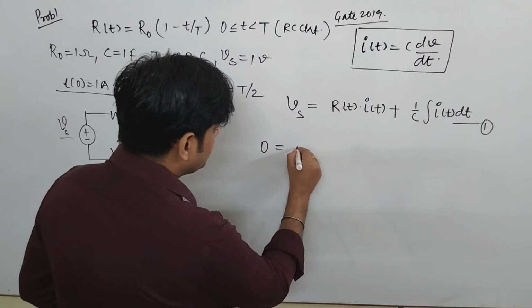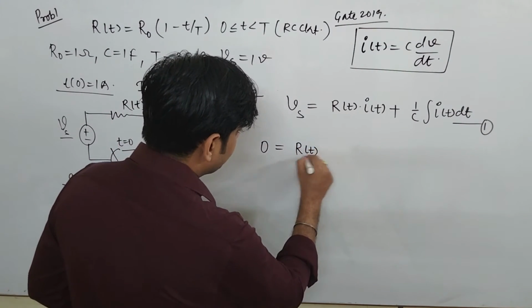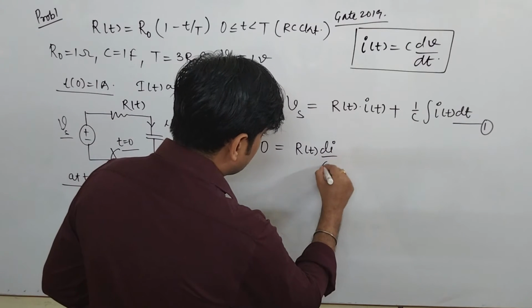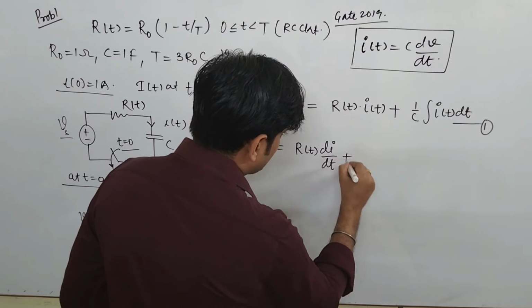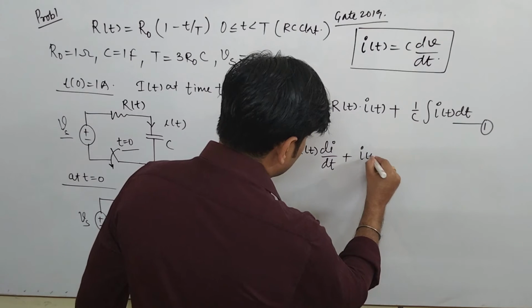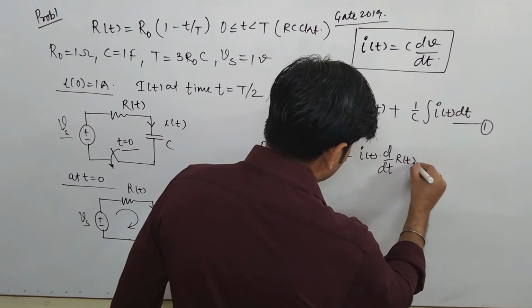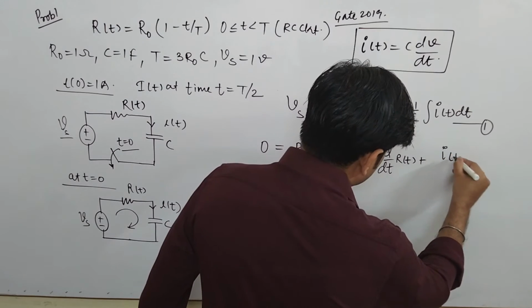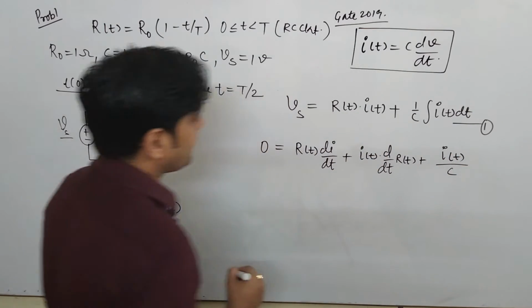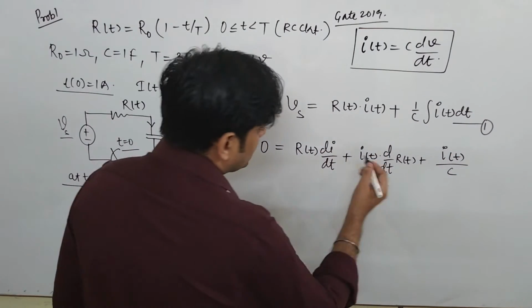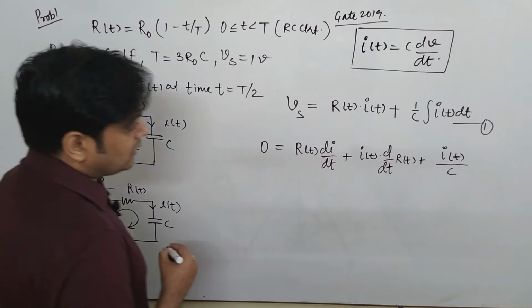So 0 is equal to R(t) di by dt plus i(t) d by dt of R(t) plus i(t) by C. This integration will go off.